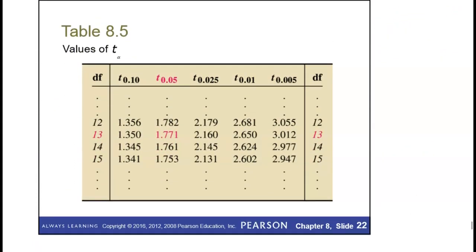So your t-distribution, here's a small page of it, is a little bit different from the normal curve because it's going to change values as you change degrees of freedom.